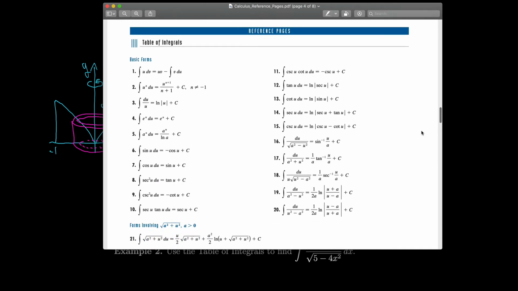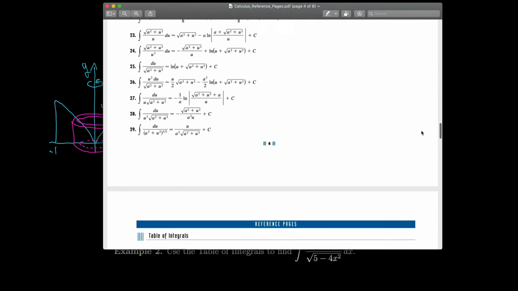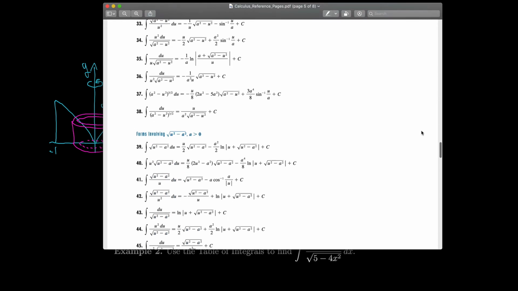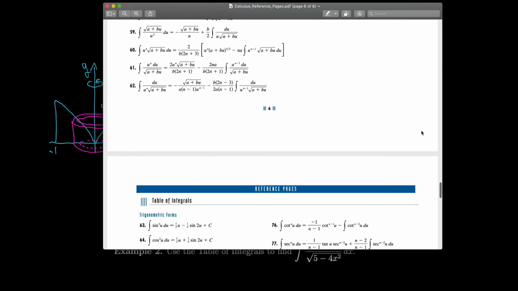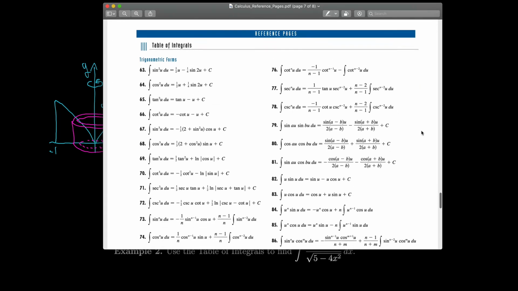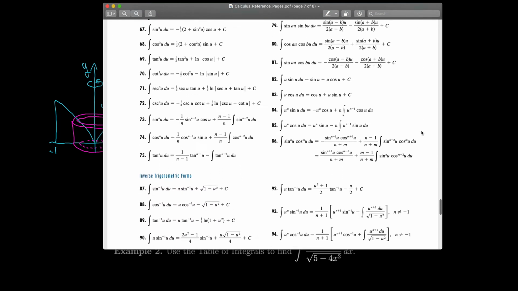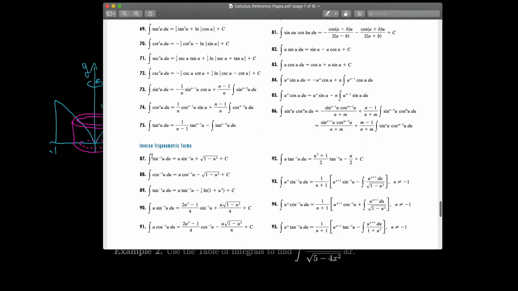Here it is. We have some basic forms, then some other forms. Let's keep going until we get to trig forms. Here we go. We're looking for something with arctangent x, or inverse trigonometric forms. And here it is, number 92.